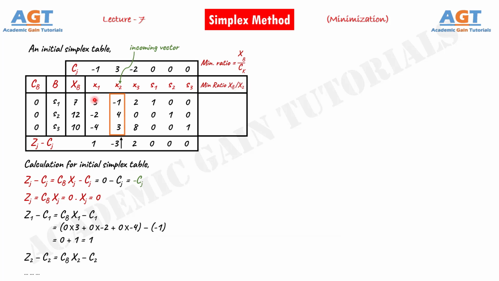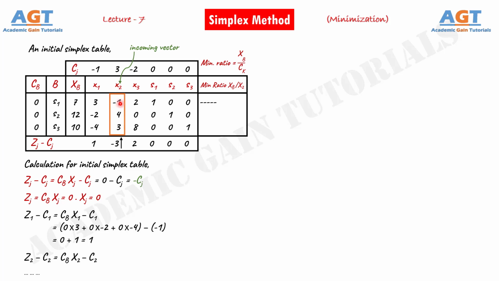For the first row, xp is 7, and the value of x2 is minus 1. Since the value of the key column is minus 1 in this row, we will not calculate the minimum ratio for this row, because we said earlier that the value of key column has to be greater than 0, it cannot be 0 or less than 0.